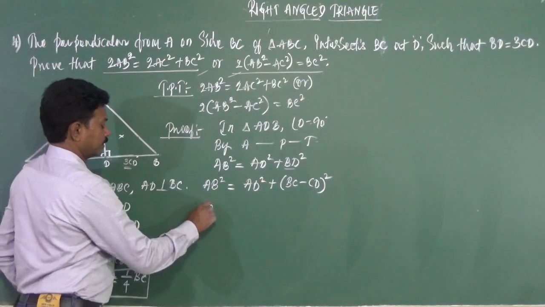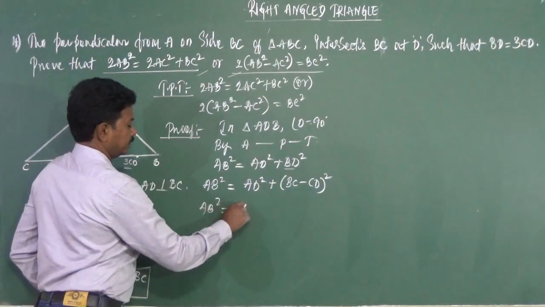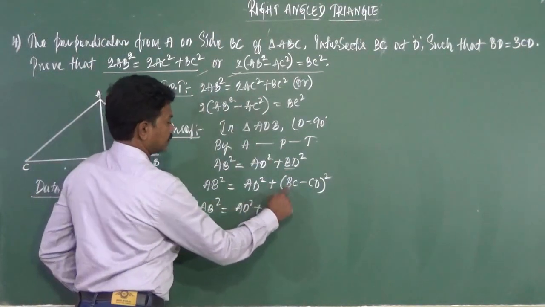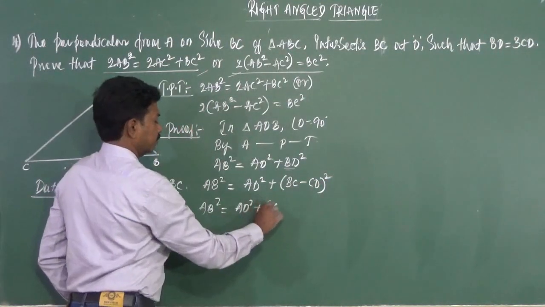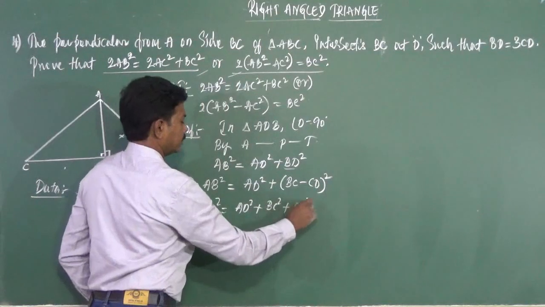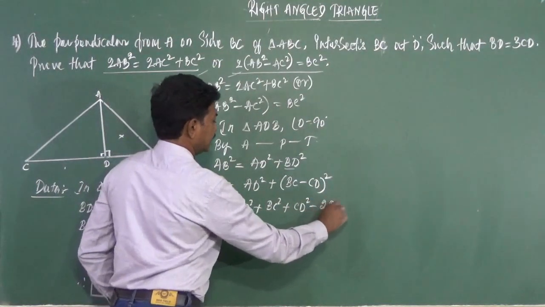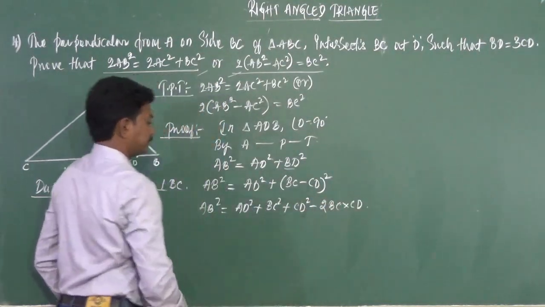So AB square is equal to AD square plus, this is in the form of A minus B whole square, which can be written as BC square plus CD square minus 2BC into CD.